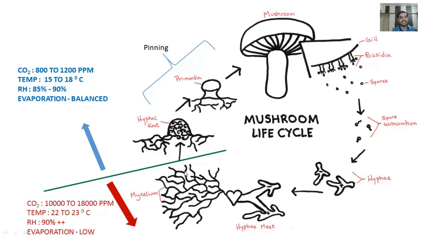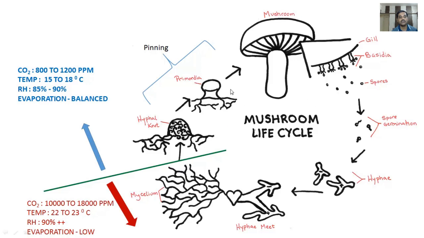You can see this mycelium. Until mycelium, we have to maintain these conditions: 10,000 to 18,000 ppm of CO2, temperature, RH, and evaporation has to be low. Once you reach this stage and we go into the process of fructification, pinning, then we have to reduce these parameters, and you can see these parameters.